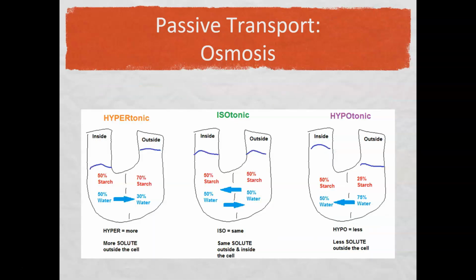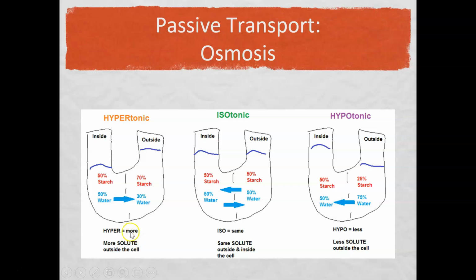So sometimes I find that it's really helpful for kids to see numbers to things. So let's just assume here's sort of my inside of my cell, my outside of my cell, and starch. These are big carbohydrate molecules, right? If I've got 50% starch on one side, 50% water on the inside, that makes my 100% solution. On the outside of my cells, however, I've got 70% starch.